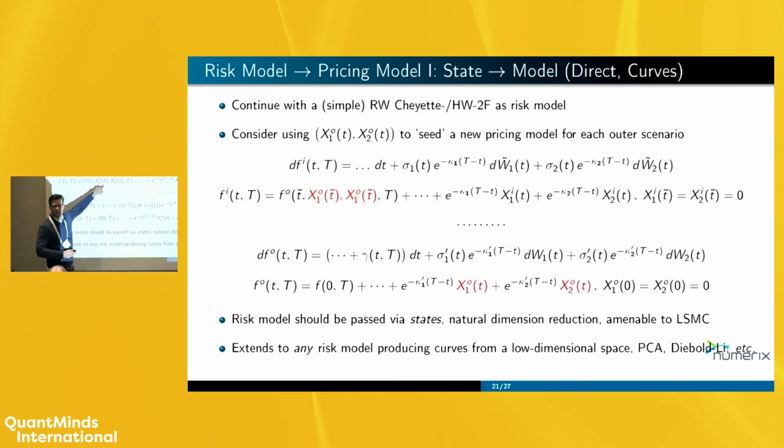Is that kind of clear? Does that make a bit of sense? The risk model states end up being pushed through into something you can condition on for the pricing model scenarios. They're present in the pricing models used for all of those scenarios. They're low-dimensional, and you can use them for projecting onto.